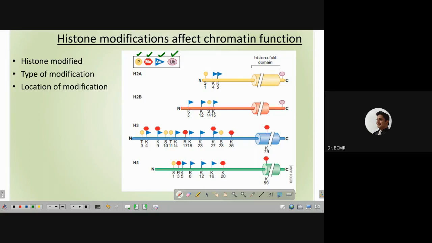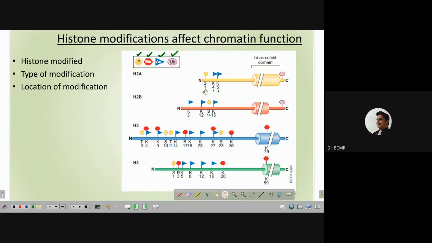But for the majority of the histone tails that are extending, why do you call it S1 here? That means S is for serine, and that is the first position. Here is the fourth, and here is the fifth position. K is the single letter code for lysine, lysine.